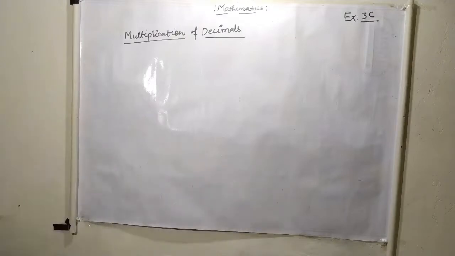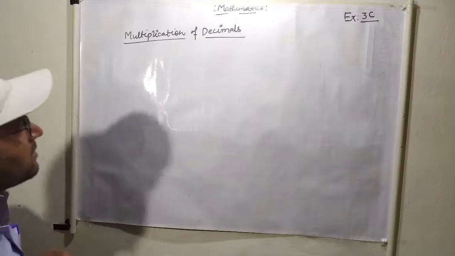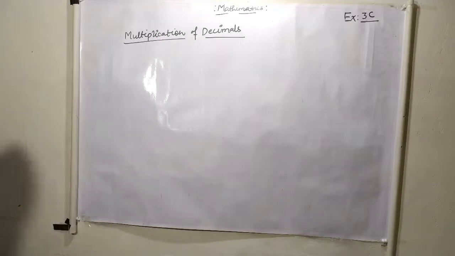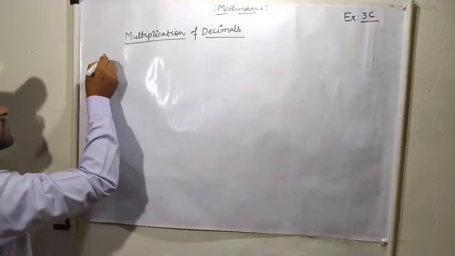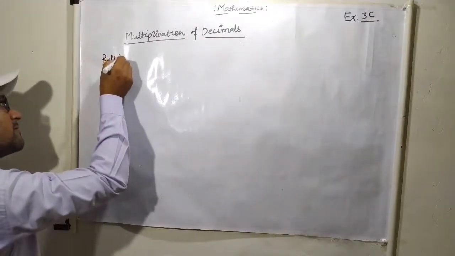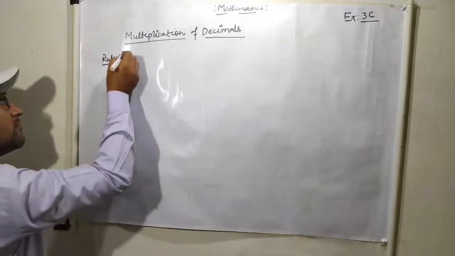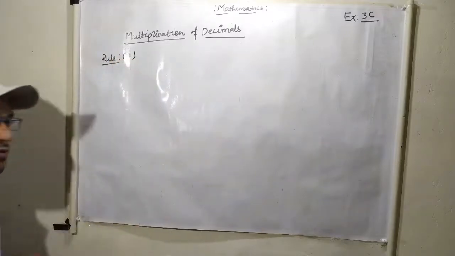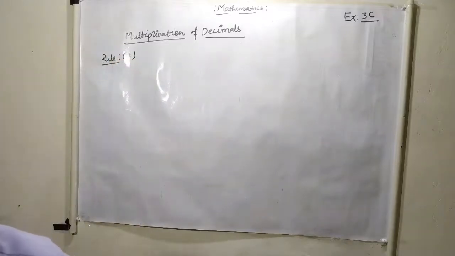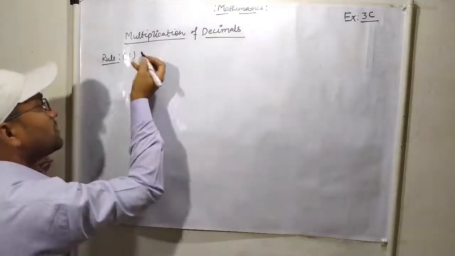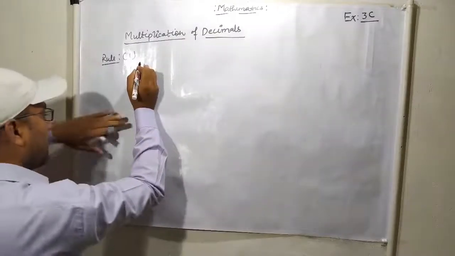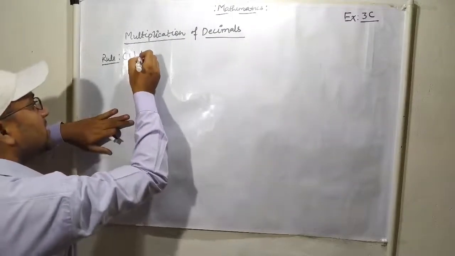Your first rule, rule number 1: multiplication of a decimal number by a power of 10.